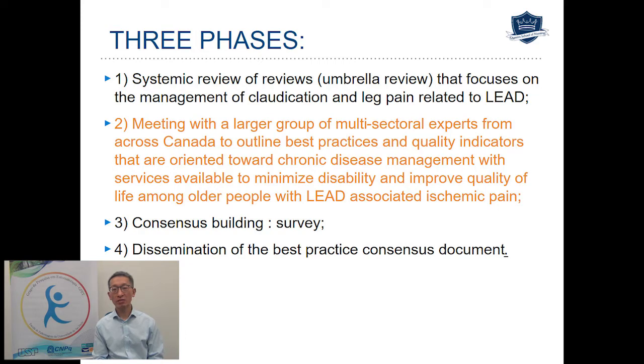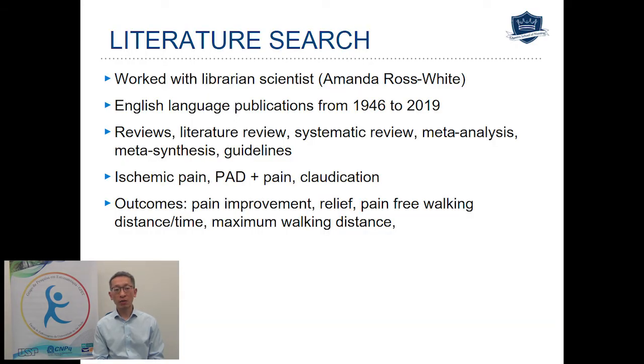And then the last phase is we're looking at strategies that we can disseminate the best practice recommendations across Canada and perhaps even internationally, to look at different ways to make sure that we provide better care for this cohort of people.